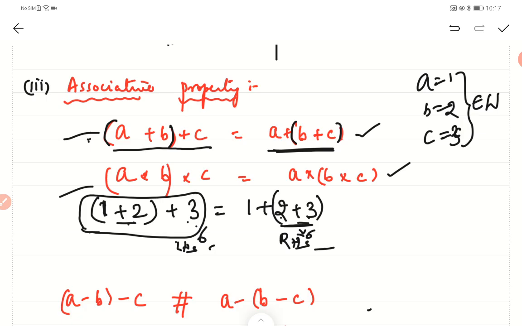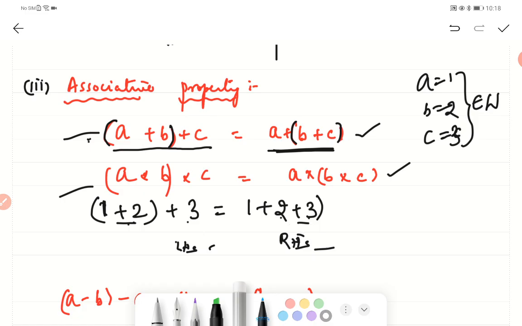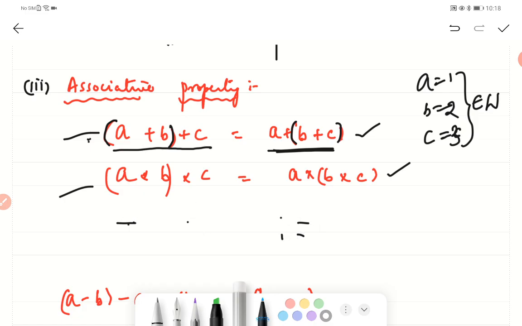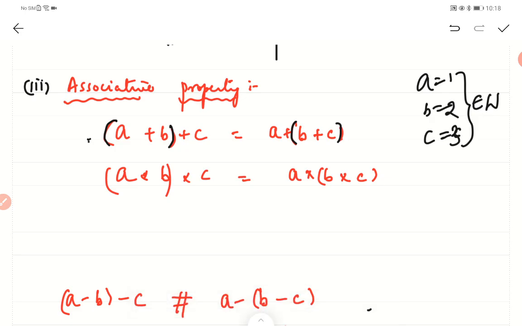Now go for multiplication by taking the same numbers. If you take any combination, you can verify this. Associative property is mainly used for verification. So you have a into b of c, that is 1 into 2 of 3. Shifting the bracket, it is 1 into 2, into 3.